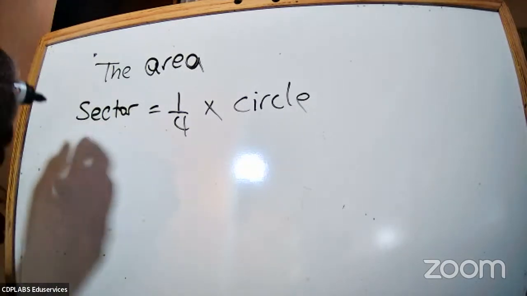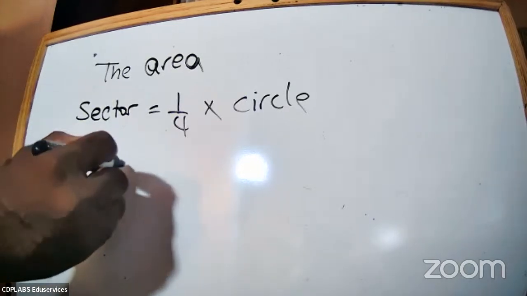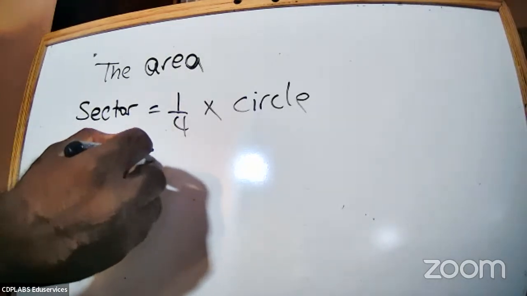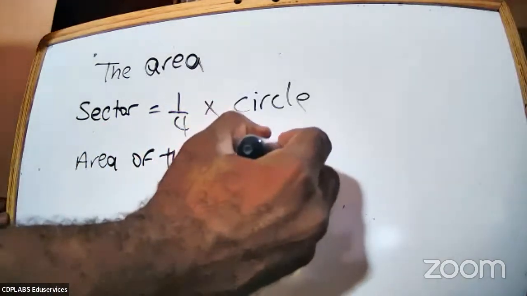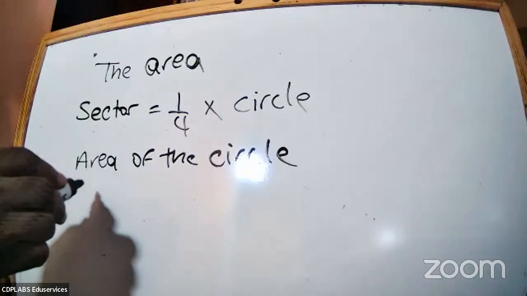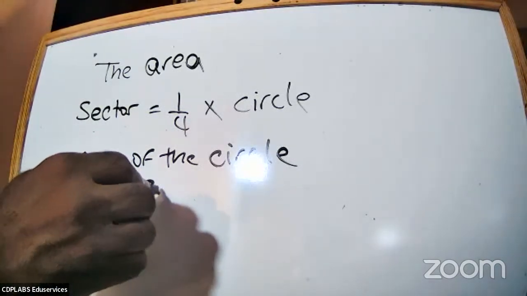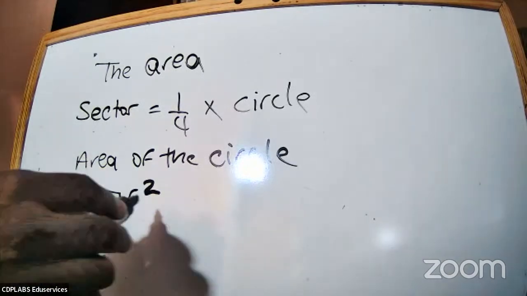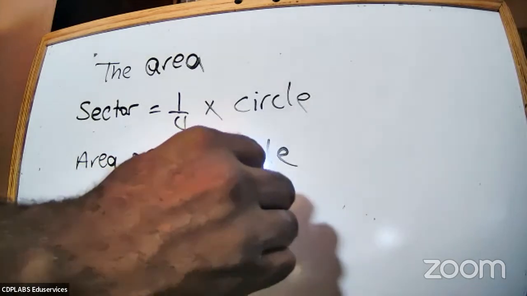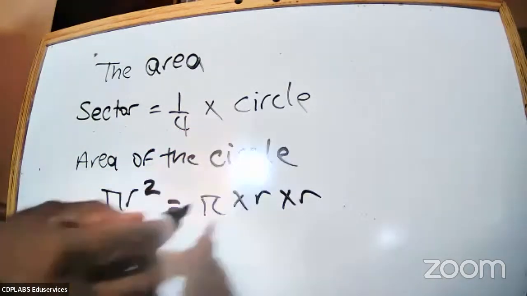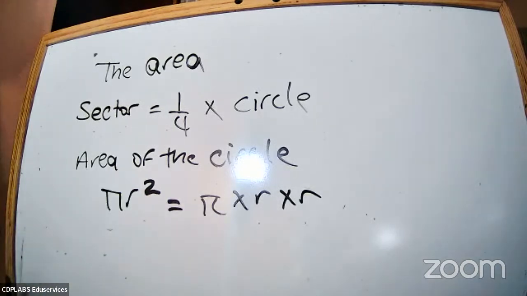Now to find the area of a circle, you know the formula is what? Pi r squared, which means whatever pi is, multiply it by r times r, because r means radius times radius.